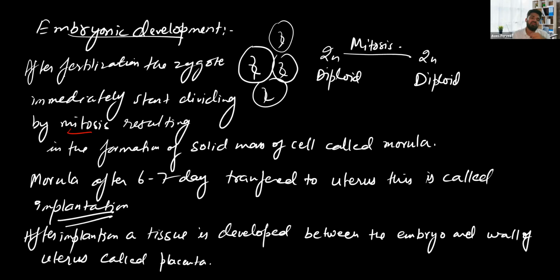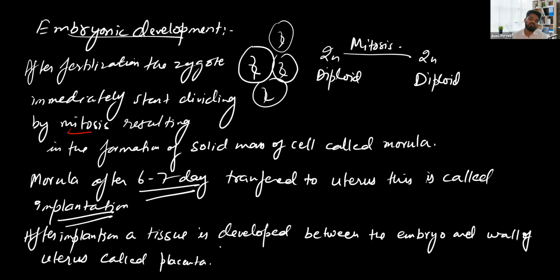So we will write here that after fertilization, the zygote divides by mitosis, forming the morula, which is transferred to the uterus. Understood?